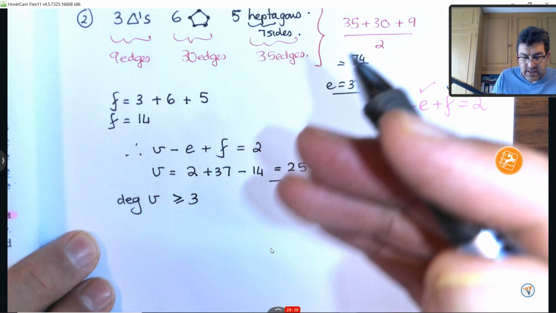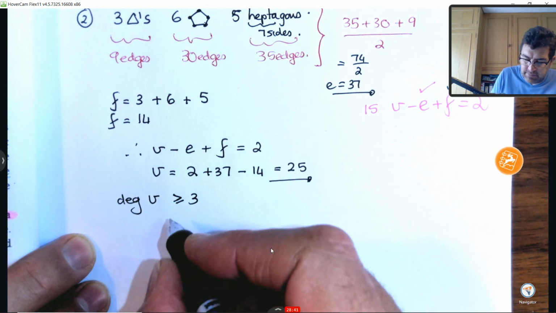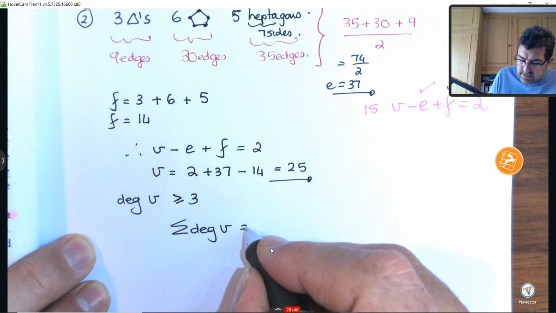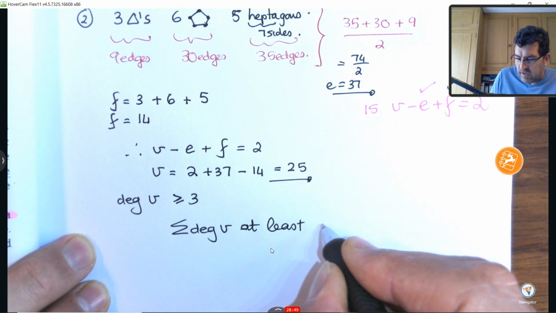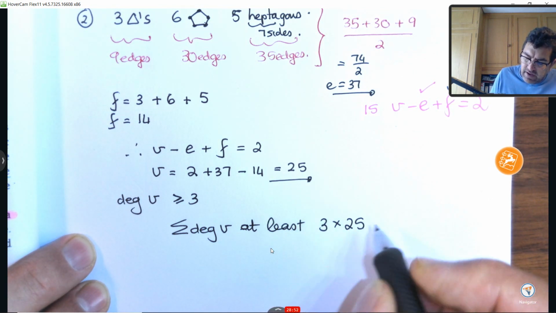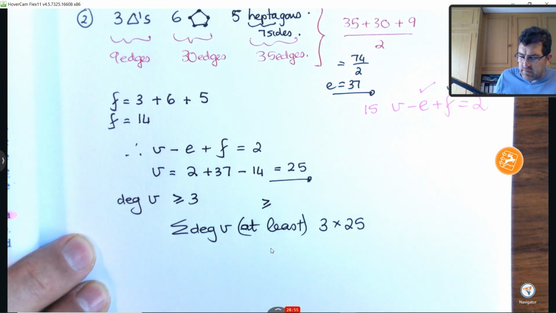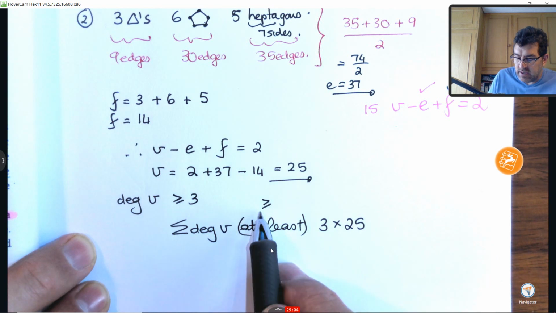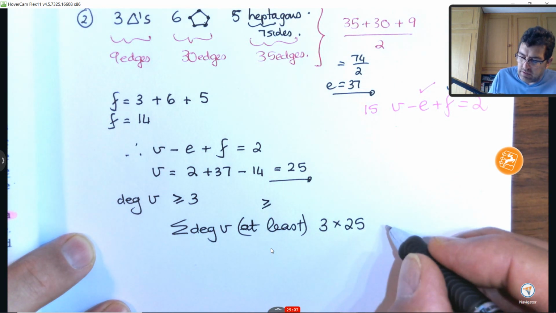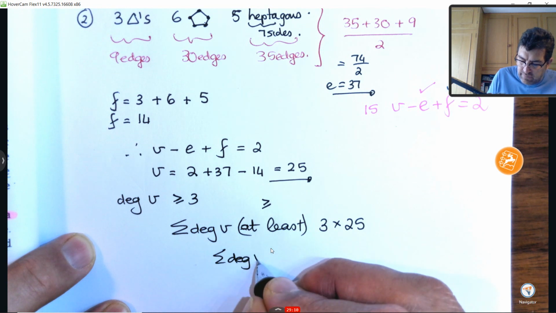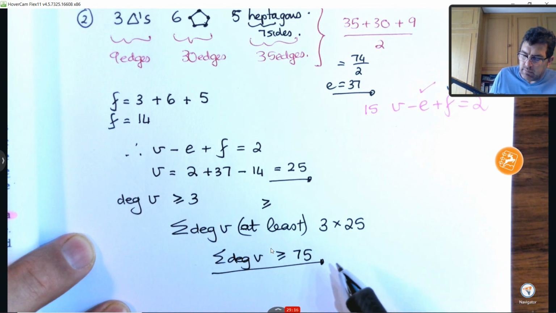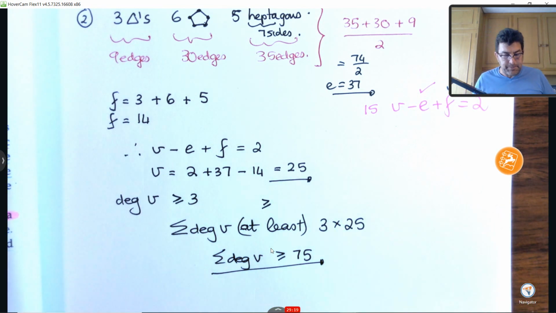So the sum of the degree of the vertices is at least 3 times 25. Now this "at least" we could have replaced with a bigger and equal to sign, because that means it can't be less than that. So at least means it's equal to, or more. So this will give us the sum of the degree of the vertices will be bigger and equal to 75.